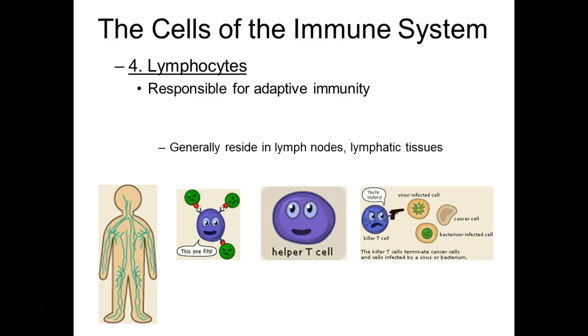So then we get to lymphocytes, our last group, which will probably be our last group for today. They're responsible for our adaptive immune response. So we're going to go really big into their specific roles and all the different types when we get to adaptive immunity. But what are the three main cells that are referred to as lymphocytes? You see some of them here.